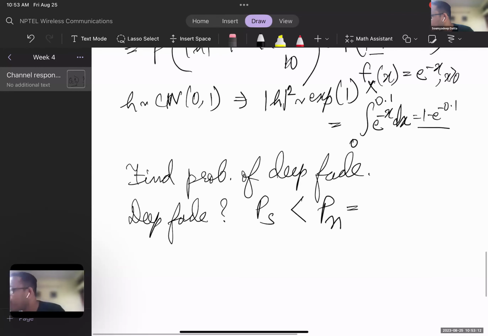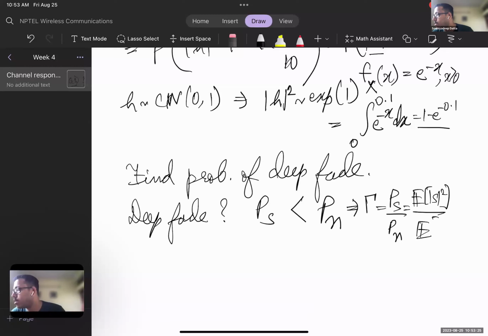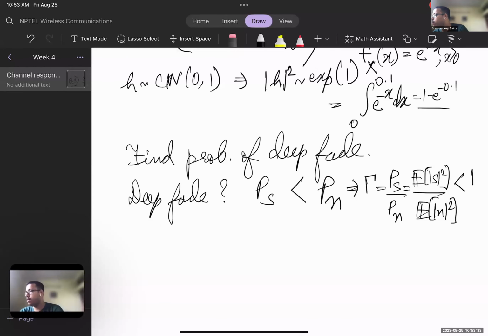Or if I have to write it in terms of gamma, so gamma is nothing but P_S by P_N, signal power by noise power, or expectation of |S|^2 over expectation of |N|^2. So this now becomes less than 1 in linear scale. And in dB scale, gamma dB becomes less than 0 dB.